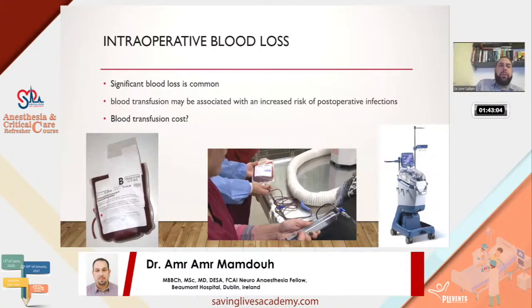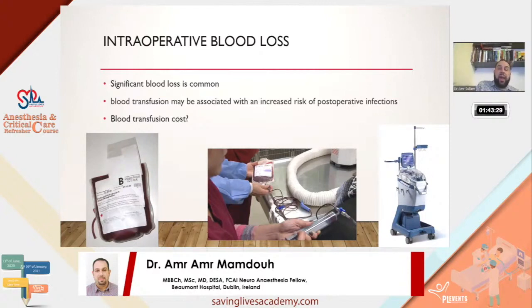We are aware of blood transfusion complications, whether immunogenic or infectious, but we have to mention that blood transfusion may be associated with an increased risk of postoperative infection. These patients already have other risk factors, like a huge incision, and we are trying to avoid risk to the nervous system by any means.